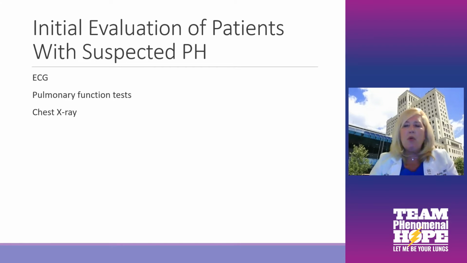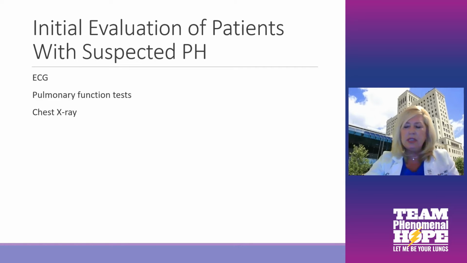In those that have pulmonary vascular disease and pulmonary hypertension, that diffusion capacity is very diminished. It can also tell us if the patient does indeed have a measure of obstructive pulmonary disease, COPD. It can also tell us if the patient may have interstitial lung disease and more of what we call a restrictive pattern on pulmonary function tests. So again, a very important test that most providers and most clinics start out with.